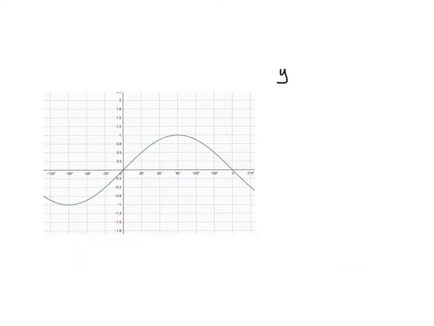And here is the graph of y equals sine x. Now if we look at the diagram again, let's take this value here. So sine of minus 30 degrees equals minus 1/2.